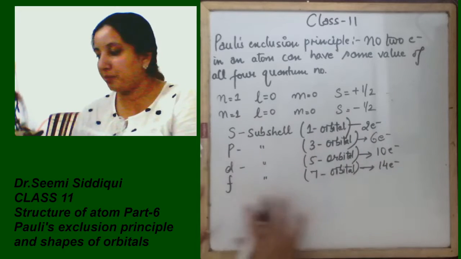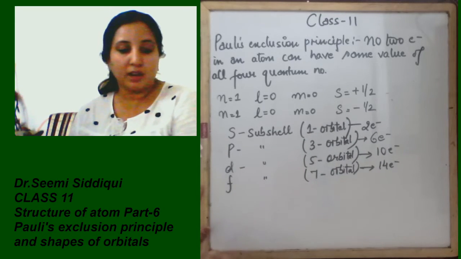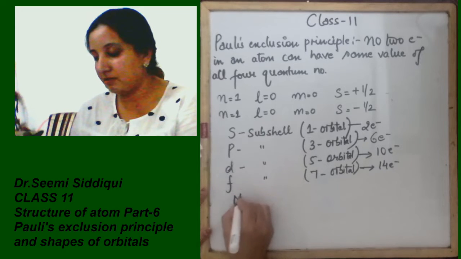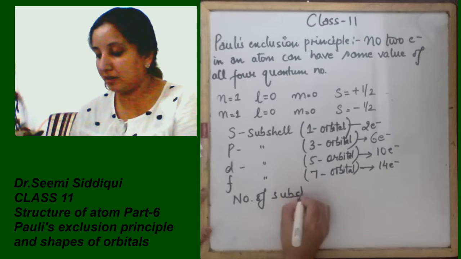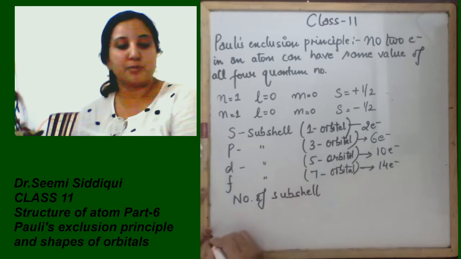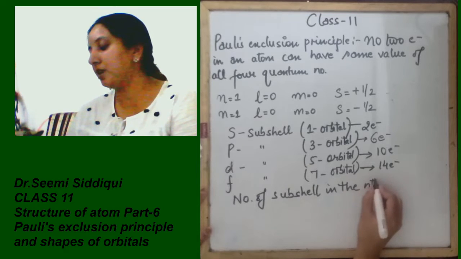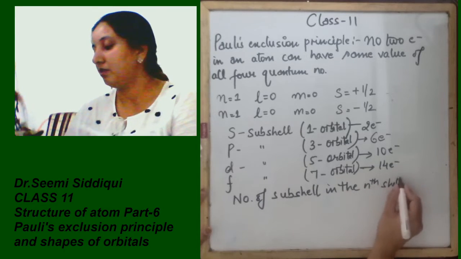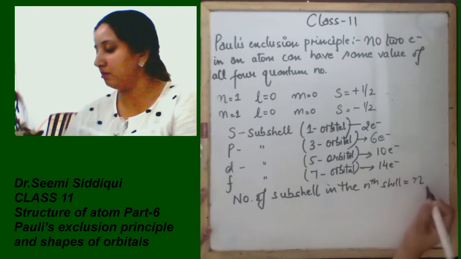Now if you are not able to remember all this, there are small formulas. Number of subshells in the nth shell, nth shell meaning your principal shell, is going to be equal to n.